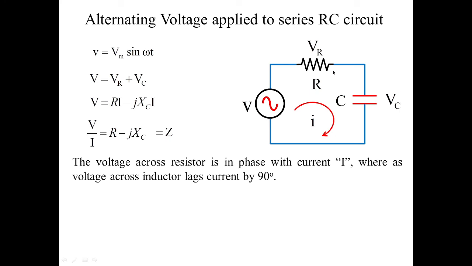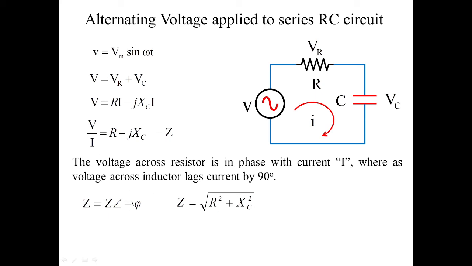Now it is clear from this RC circuit that the voltage across the resistor is in phase with current, like in the case of the RL circuit, whereas the voltage across the capacitor lags current by 90 degrees, unlike the previous circuit. With this, I can obtain the impedance of the network, which is equal to the magnitude component as well as the angle component. So Z is equal to the square root of R square plus XC square.